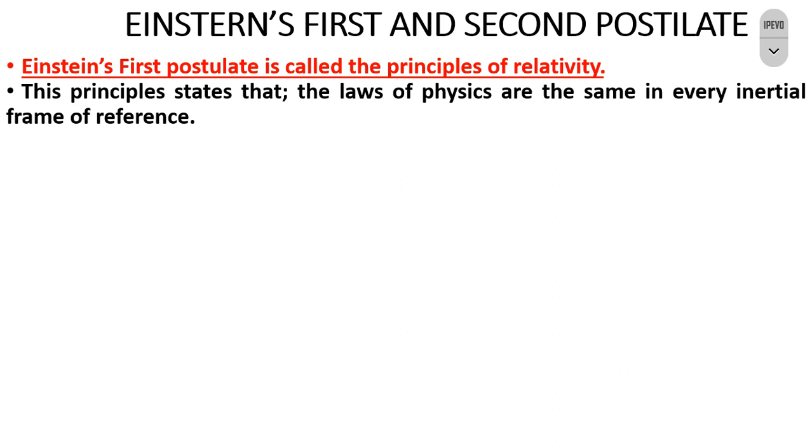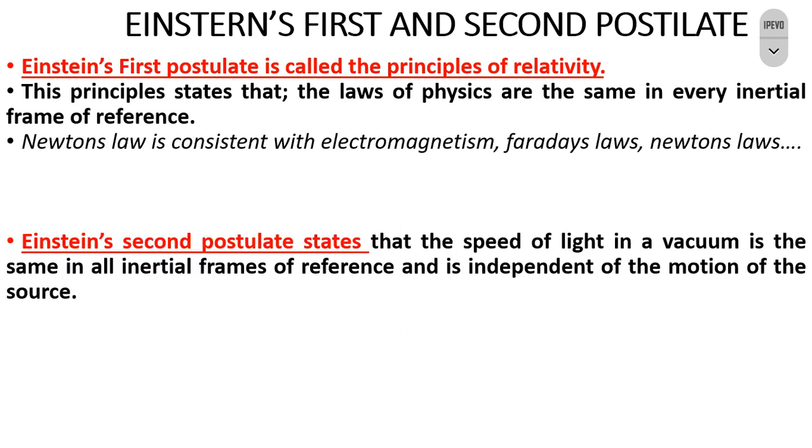We are also going to look at it from the perspective of Faraday's law. The second postulate says that the speed of light in a vacuum is the same in all inertial frames of reference and is independent of the motion of the source.